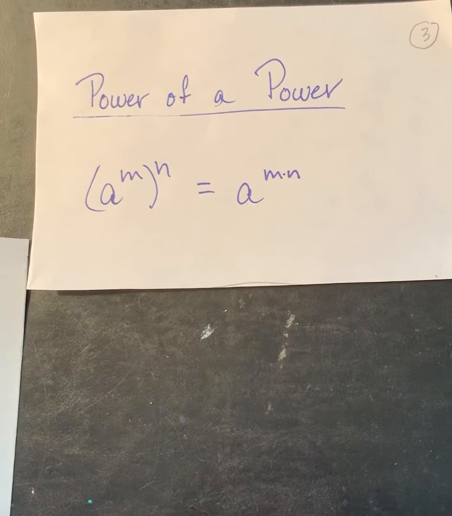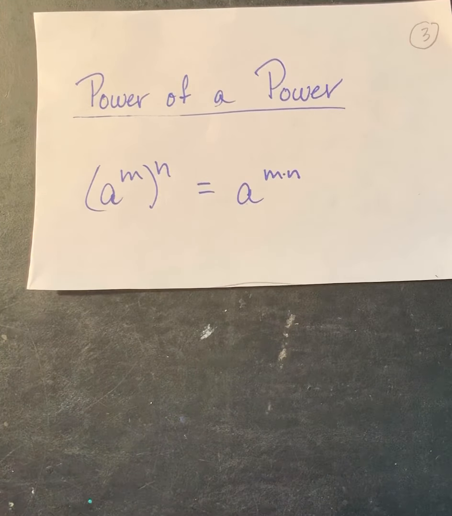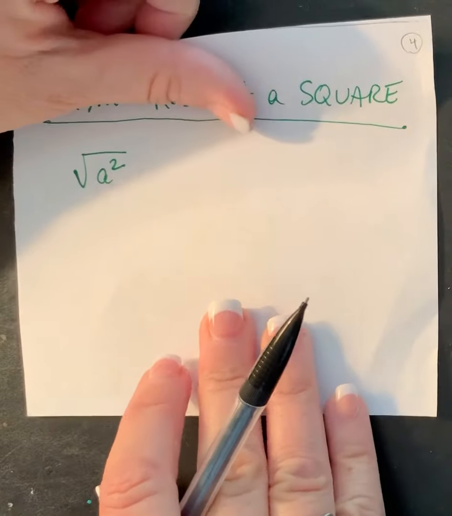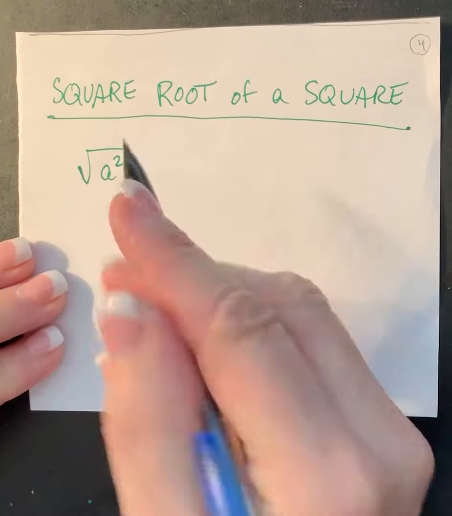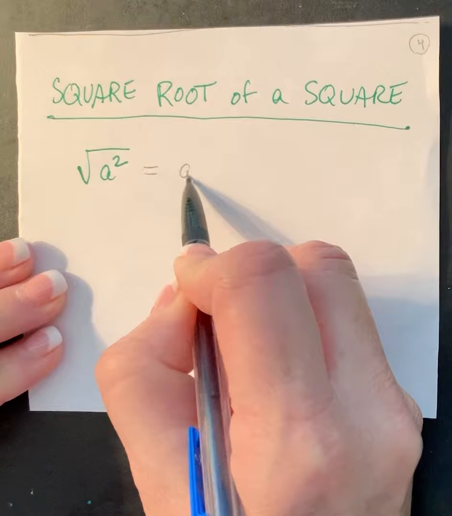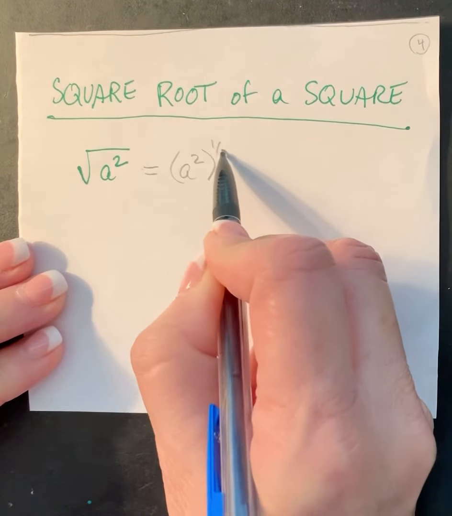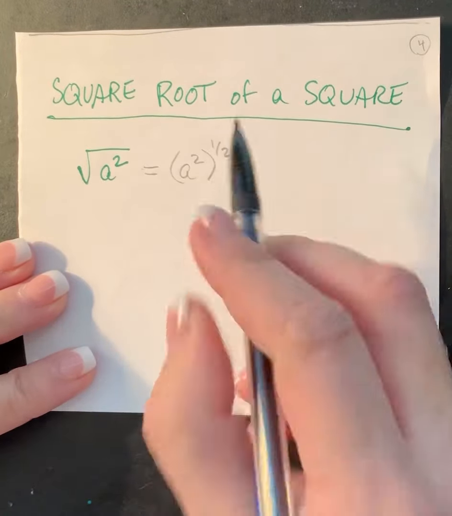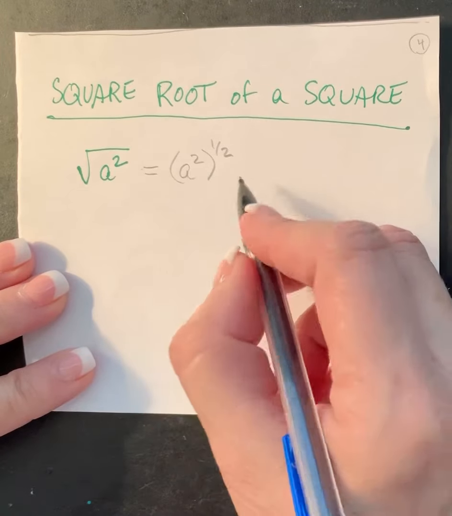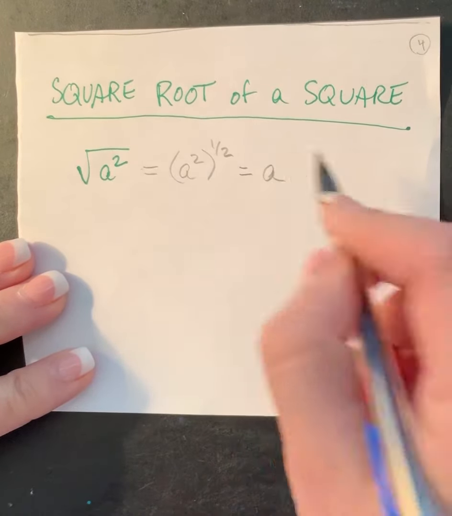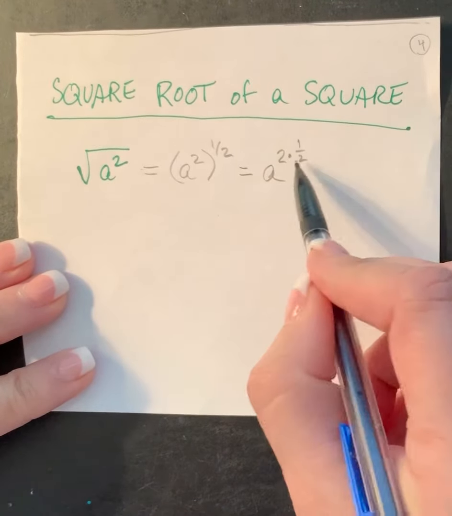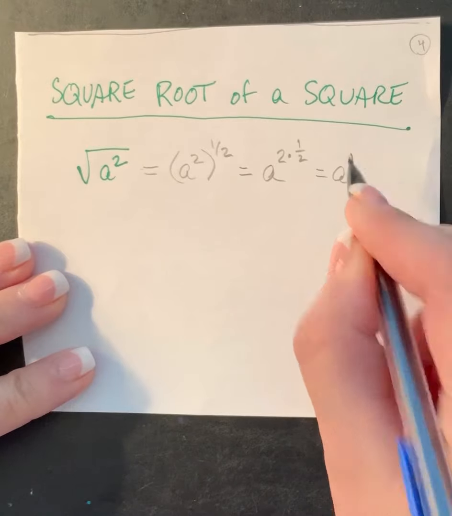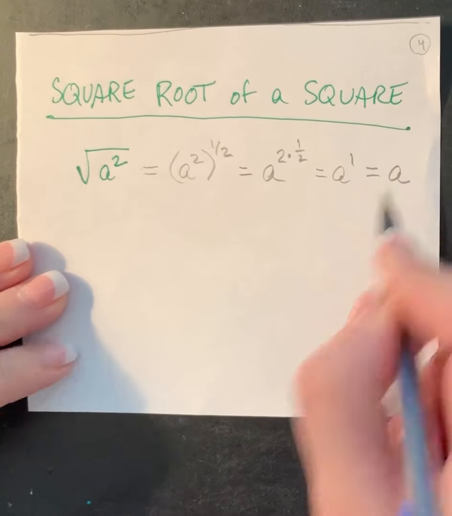So we could use that to simplify something like the square root of a square. This is the same thing as a squared raised to the 1/2 power. Since it's a square root, 1/2 power. Then I have the situation of a power raised to another power, so then I could keep the base the same and multiply the exponents. 2 times 1/2 is 1, and then a to the first power is just a.